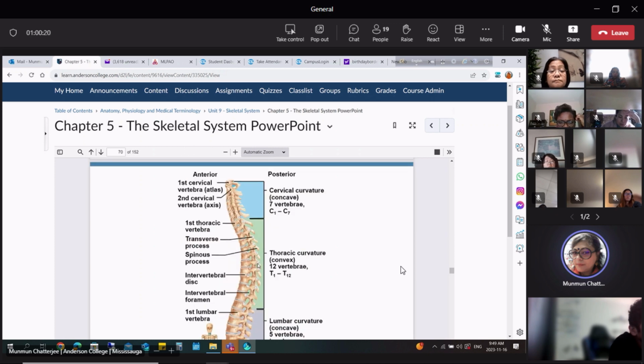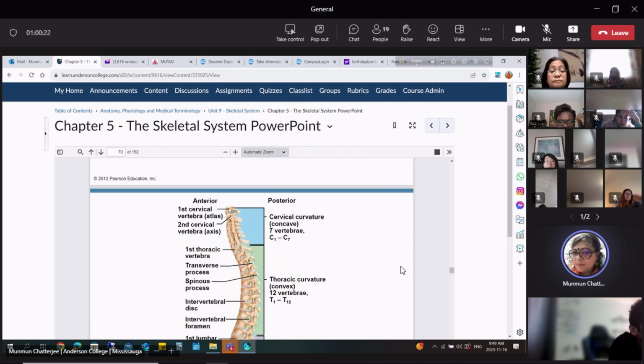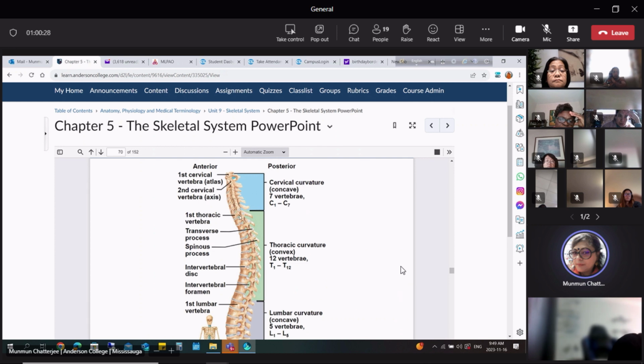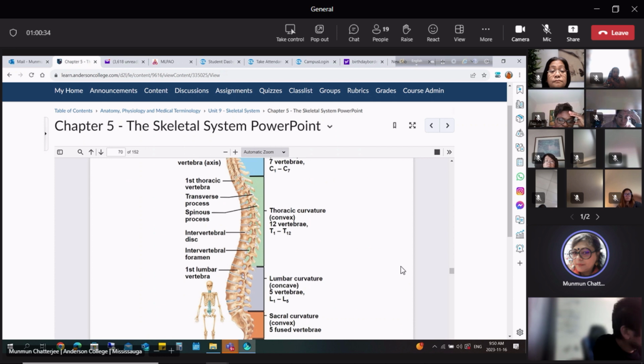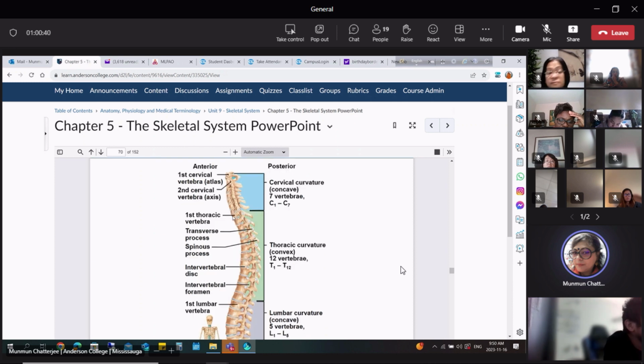So these are the vertebrae. This is cervical vertebra 1 up to 7, thoracic vertebra T1 to T12, and then lumbar vertebra L1 to L5, and each is separated by a disc called the intervertebral disc.